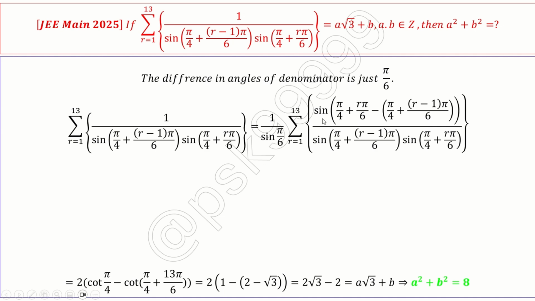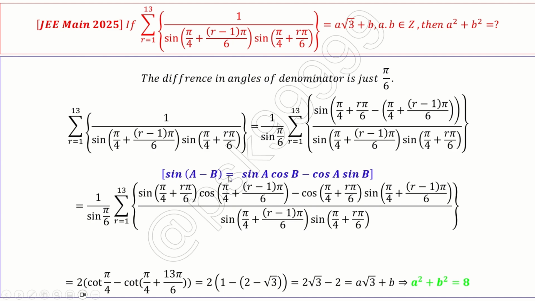The difference is pi by 6, so I added sine pi by 6 in the numerator, and I'm dividing by sine pi by 6. Simple. Sigma remains the same, everything remains the same. Now this is nothing but sine of (A − B), so I apply the sine of (A − B) formula and expand it: sin A cos B − cos A sin B, with the denominator the same.